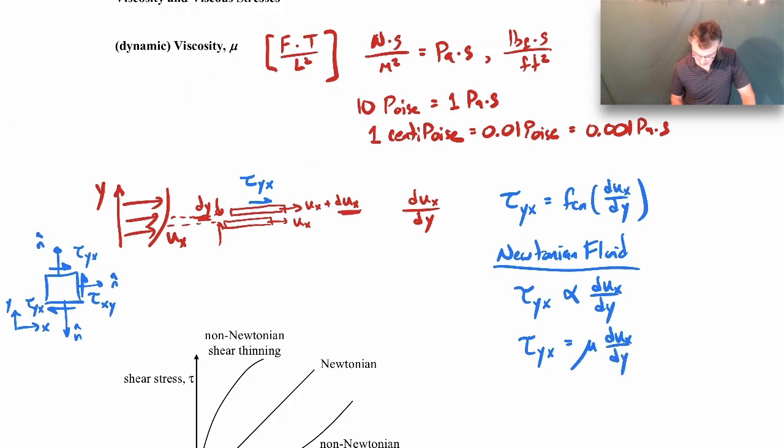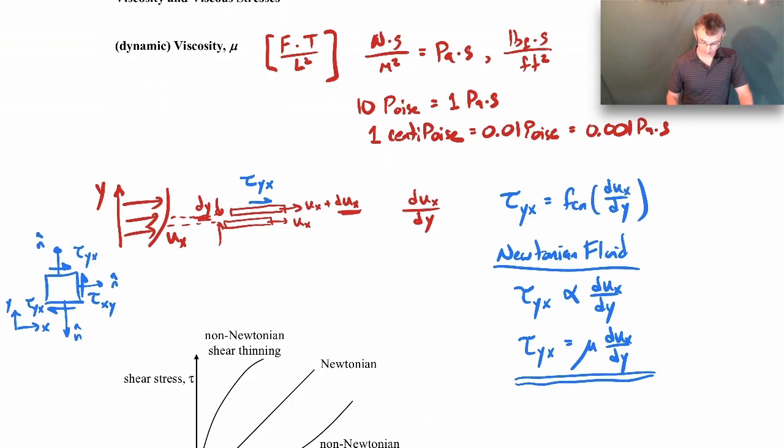And we'll call that constant of proportionality a mu here. That constant of proportionality is actually the viscosity. That's how the viscosity is defined. So for a Newtonian fluid, the shear stress is proportional to the velocity gradient. It's a special class of fluids. Not all fluids behave that way. But for Newtonian fluids, the shear stress is proportional to the velocity gradient, and that constant of proportionality is the dynamic viscosity. So that's where the dynamic viscosity comes from.